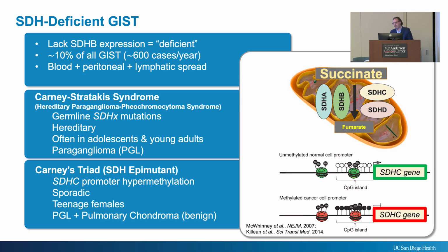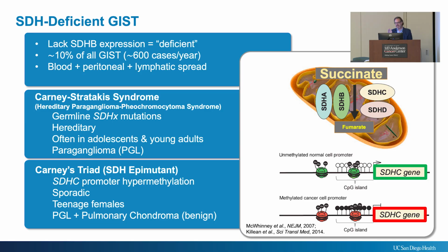Besides spreading by blood or by peritoneal surfaces, meaning inside the abdominal cavity, they have a propensity to spread through the lymphatics to lymph nodes, and that's typically not what we see with every other GIST we talk about, with the exception of some of those fusion GISTs. The NTRK fusion GISTs sometimes will go to lymph nodes.